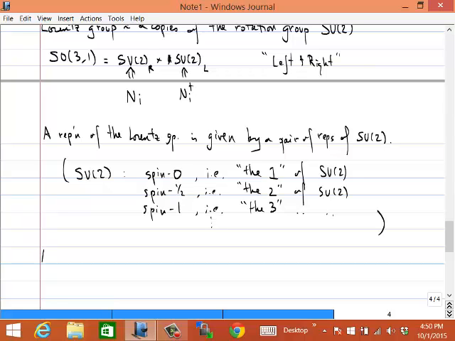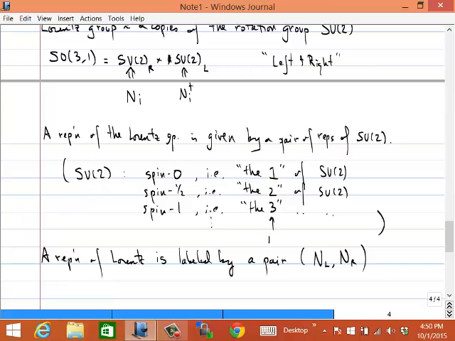So that means that a representation of the Lorentz group is given by a pair of integers that we could call n left and n right. Here, this number is the n I'm referring to.